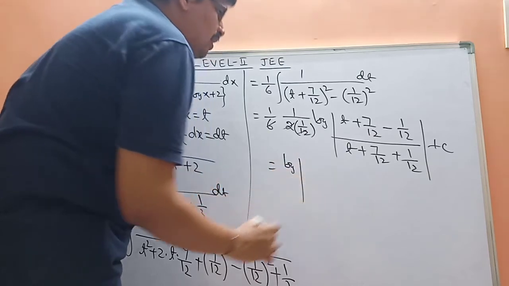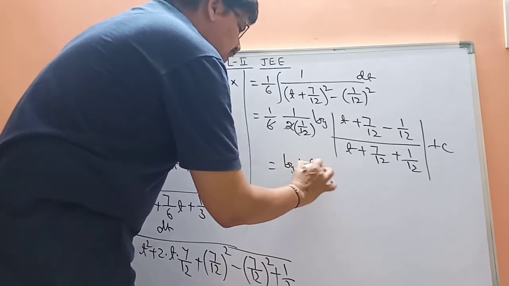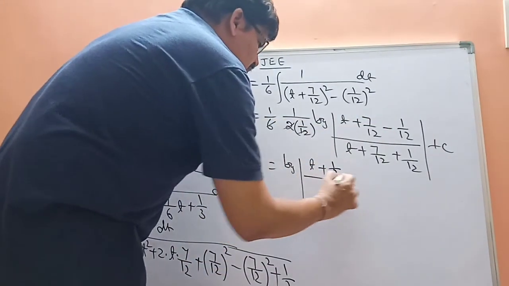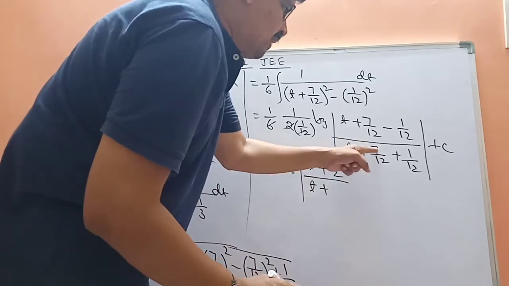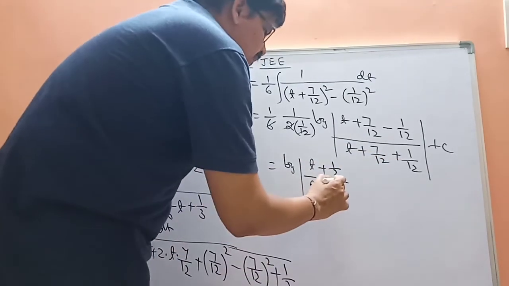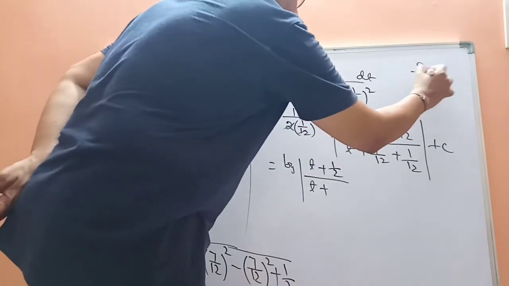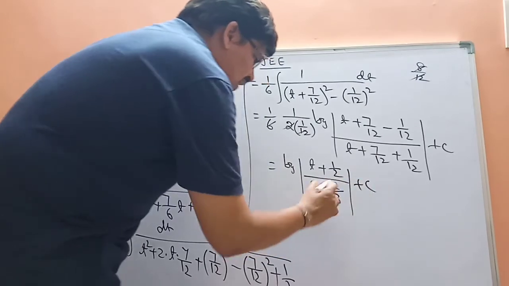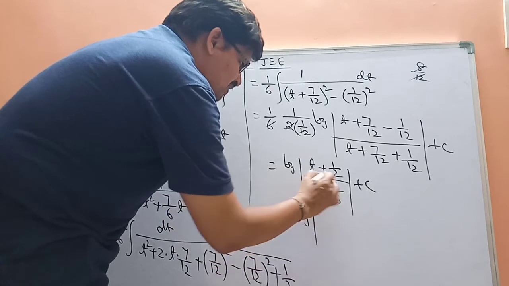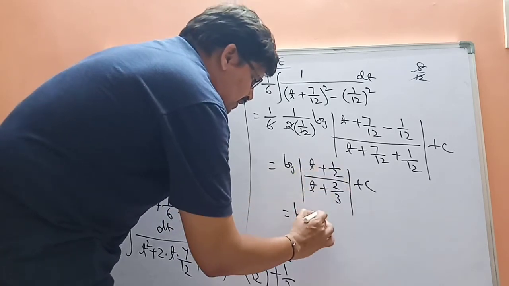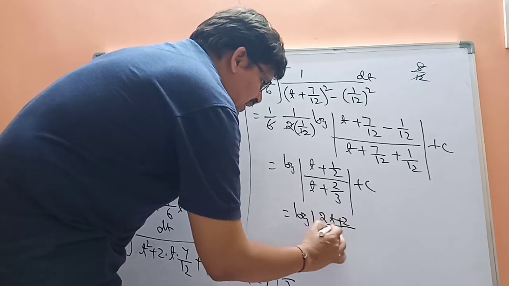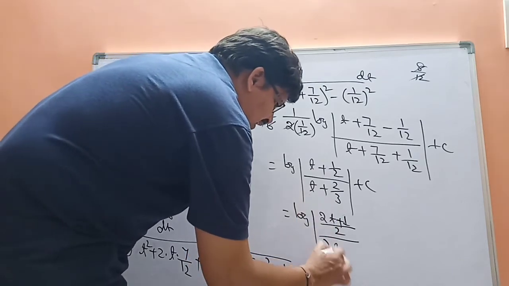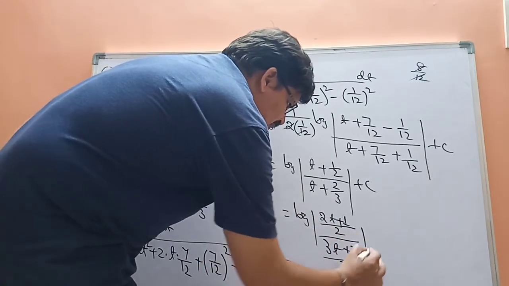So the remaining is log of, 7 minus 1, 6 by 12 means 1 by 2, by t plus 8 by 12. 8 by 12 means 2 by 3, plus c. Take the LCM. In the numerator, 2t plus 1 by 2. In the denominator, 3t plus 2 by 3, plus c.